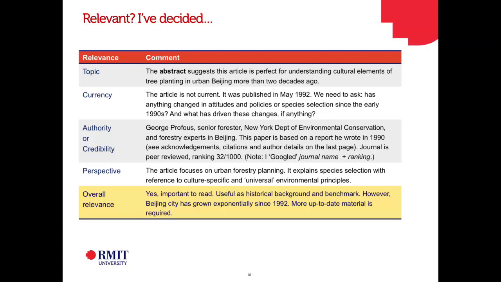This is something that we will need to follow up. In summary, I think this article is an excellent starting point. Even though it is out of date, it gives me a list of forestry management principles and cultural practices to compare with contemporary Beijing and Melbourne, Australia.